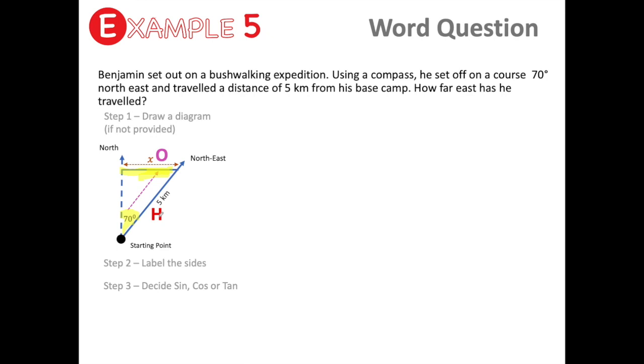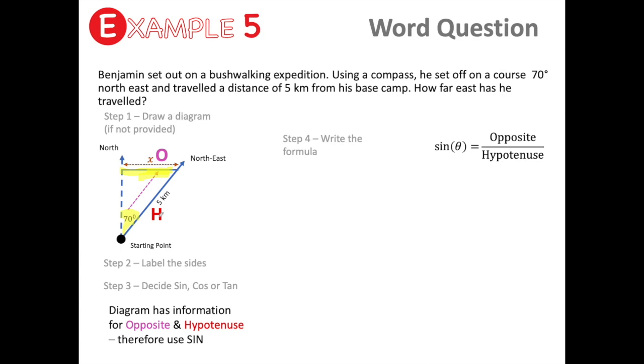Now I can decide whether I'm going to use sine, cos, or tan. Opposite and hypotenuse means I'm going to use sine. Next step, write the formula. So sine of the angle equals opposite over hypotenuse. Substituting in my values, my opposite side is x, my hypotenuse side is 5. So sine of 70 degrees is equal to x over 5.